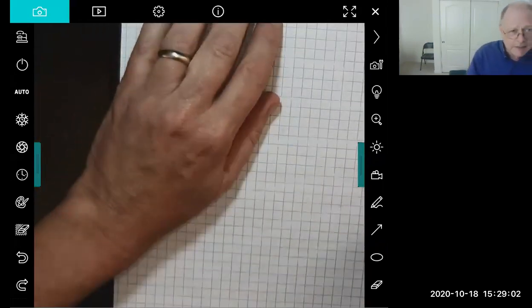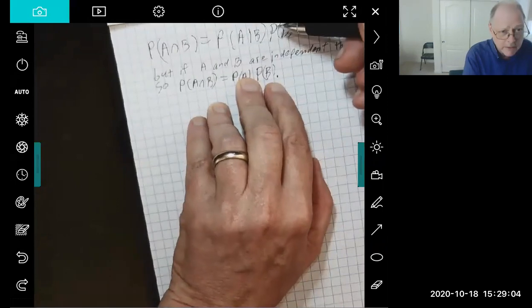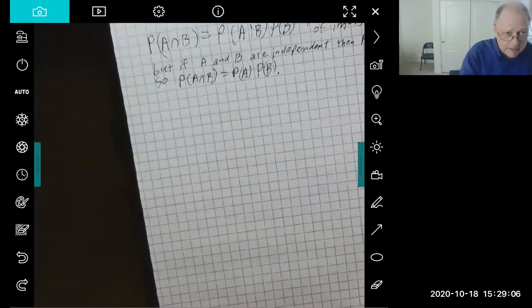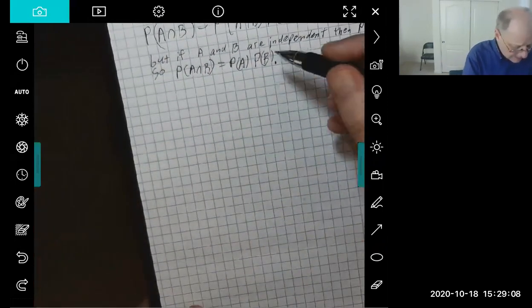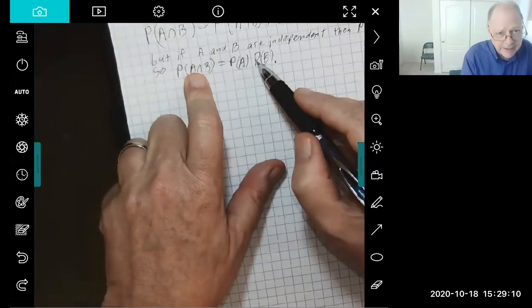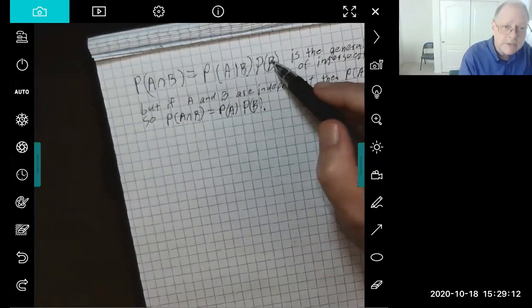And so if you don't have something about the story to make you think that two things are independent, don't use this formula down here. Use the one up top.